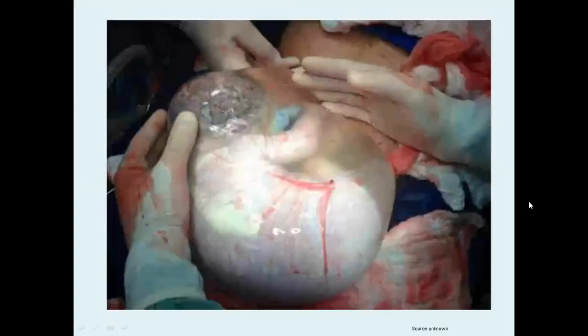Right. This would be a cesarean birth, because what you can see here is they've removed the fetus from the woman's uterus, and it's still within the amniotic sac, so that you can see amniotic fluid here.